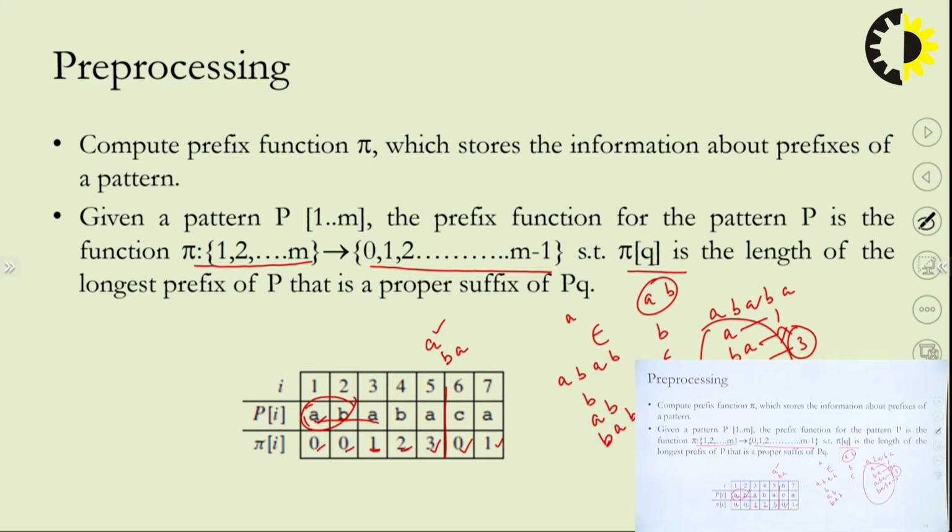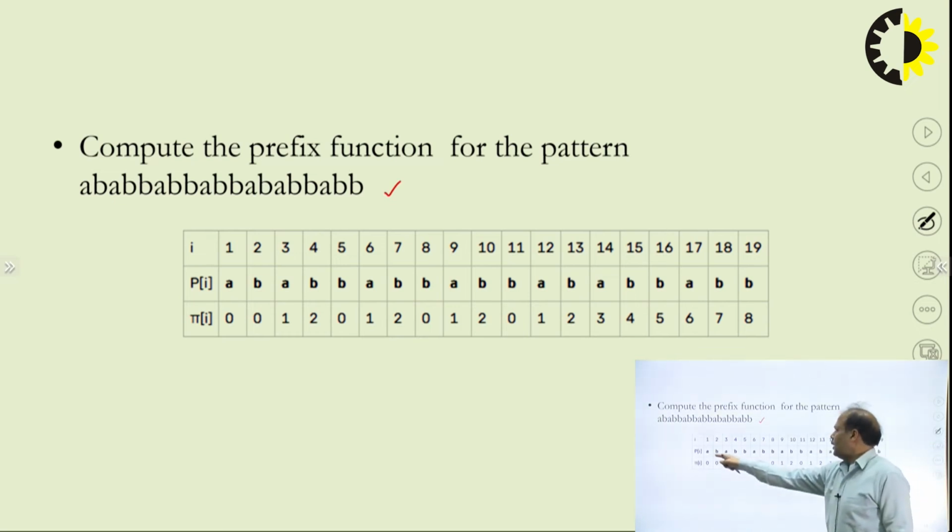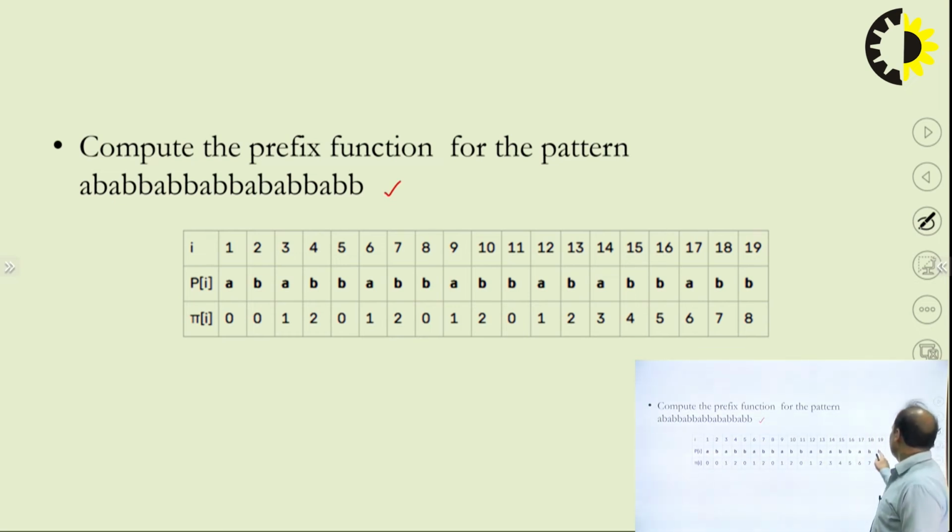Let's have another example to compute the prefix function, right? Look at here, this is a very popular question, many times it has been asked in the AKTU examination. Compute the prefix function for the pattern. What you should do is write 1 to 19 and then write the pattern down from here to here.